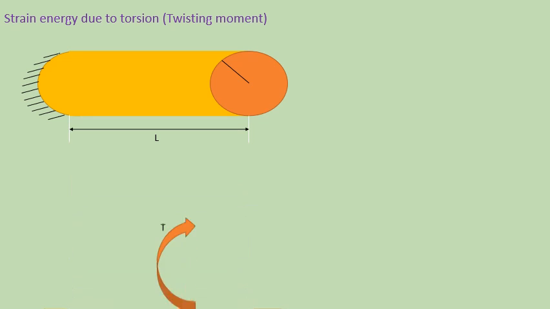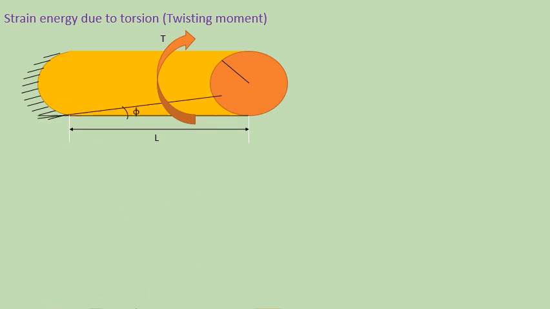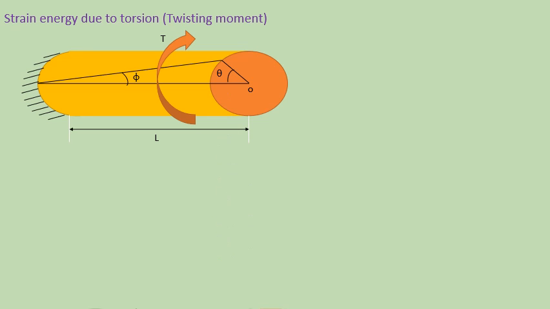To derive the strain energy because of torsion, let us consider a solid shaft of diameter d and length capital L subjected to gradually increasing twisting moment capital T. As the twisting moment increases, the angle of twist theta increases correspondingly, where capital R represents the radius of the shaft.